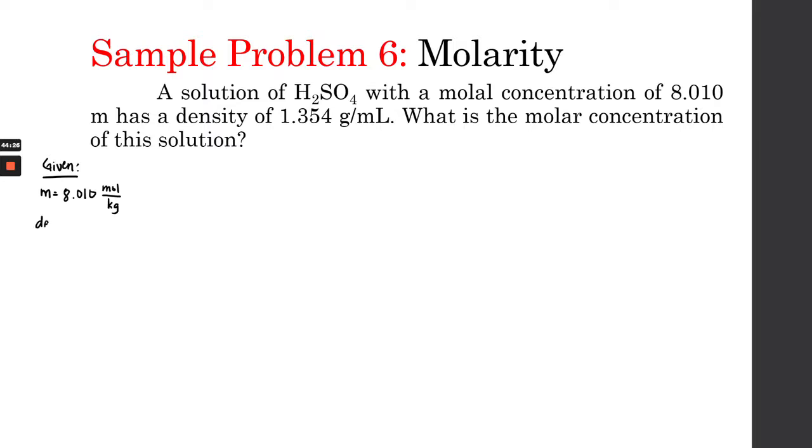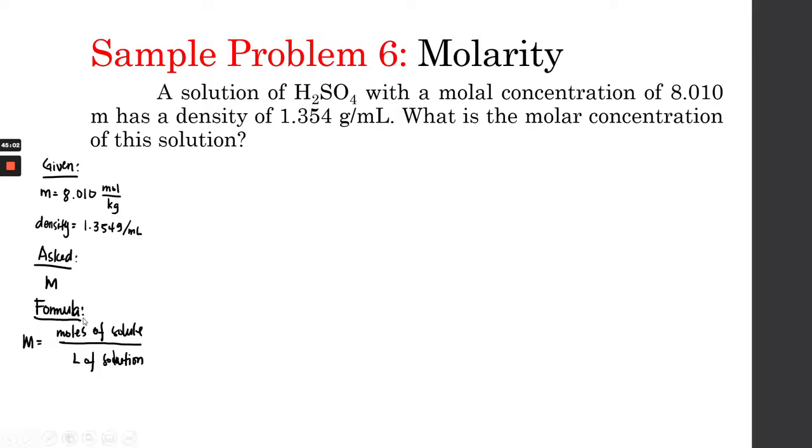And we're also given the density of our solution, which is 1.354 grams per milliliter. And what they're asking us is the capital M, which is molarity. Let's remind ourselves what is the formula for molarity. Molarity is equal to the moles of solute divided by liters of solution.